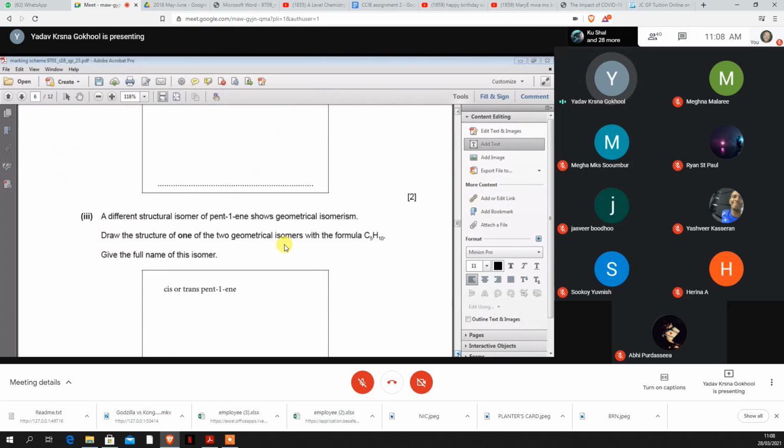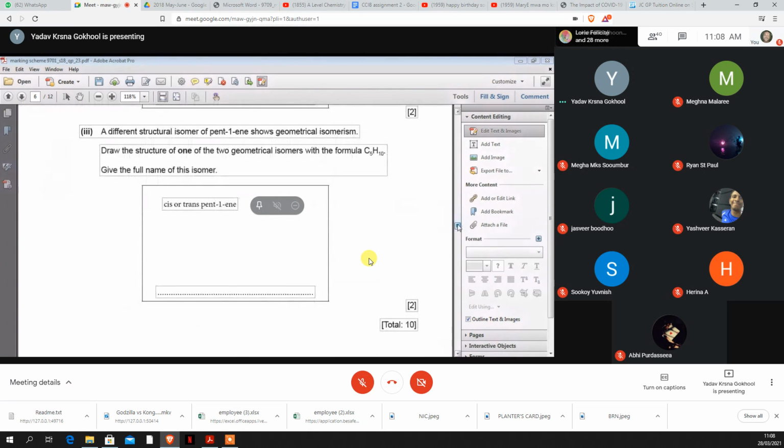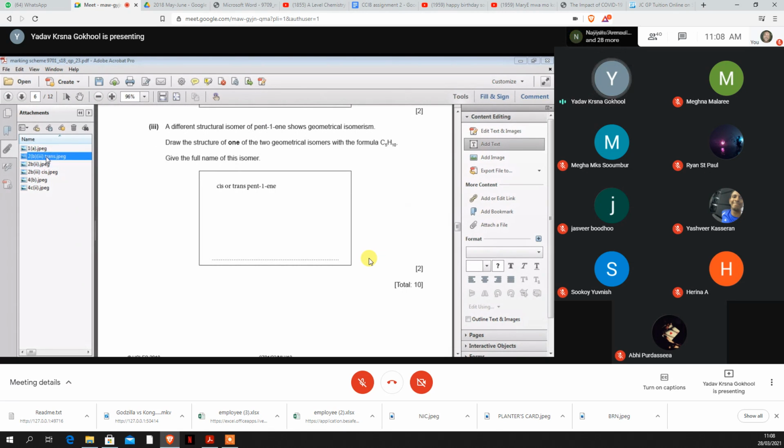Draw the structure of different isomers of C5H10. Okay. So here I think I made a mistake. It cannot be pent-1-ene.